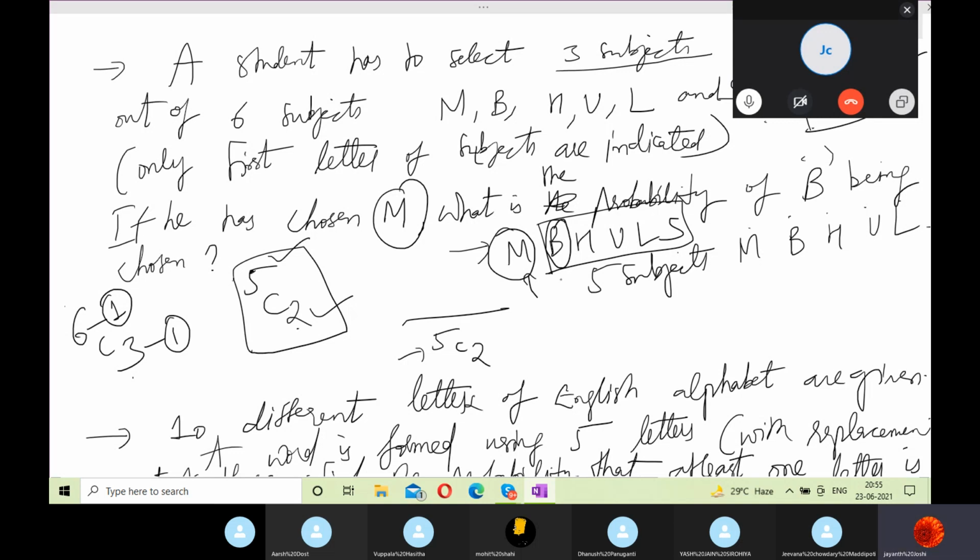If I have to select B out of the leftover, if I select B, leftover are how much? 4. And B if selected, that is how much? 1. So if I keep B aside, the total, if I need to select B means B out of these 5 subjects and B out of these 2 subjects.